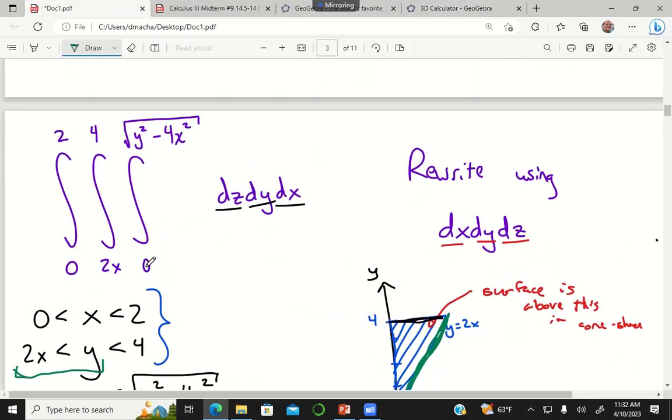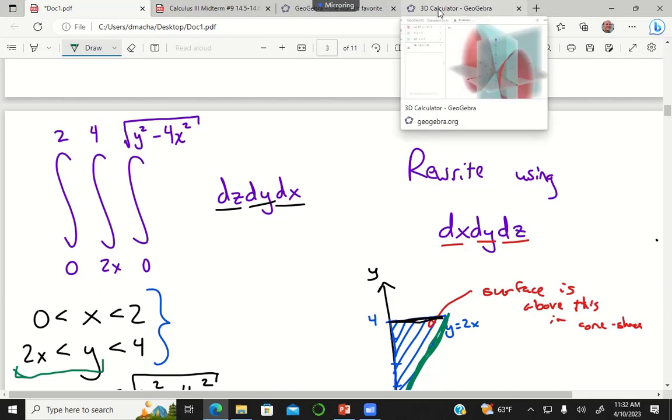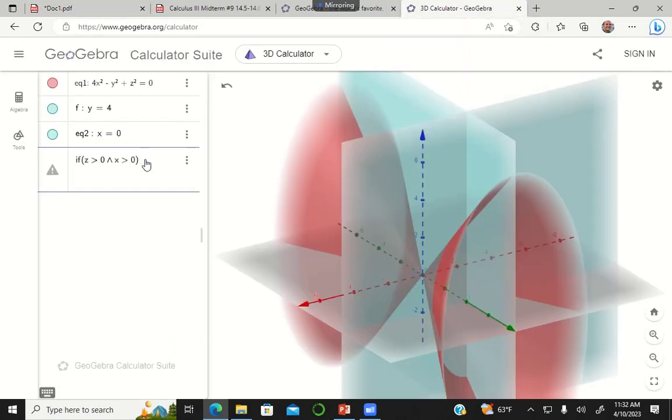If z is greater than 0, x is greater than 0, that might be the trick. Then what I want to graph is z equals the square root of y squared minus 4x squared.